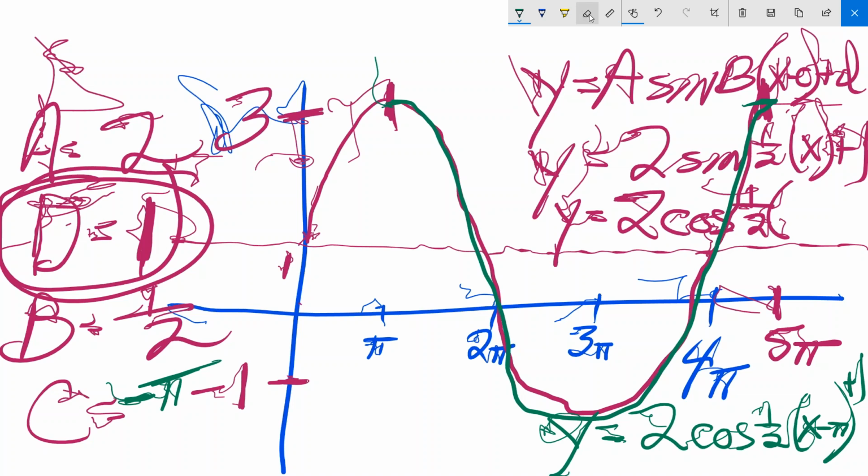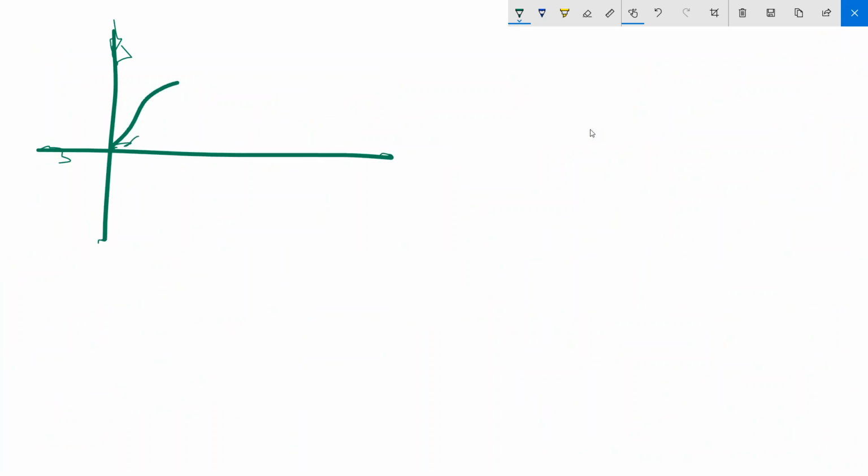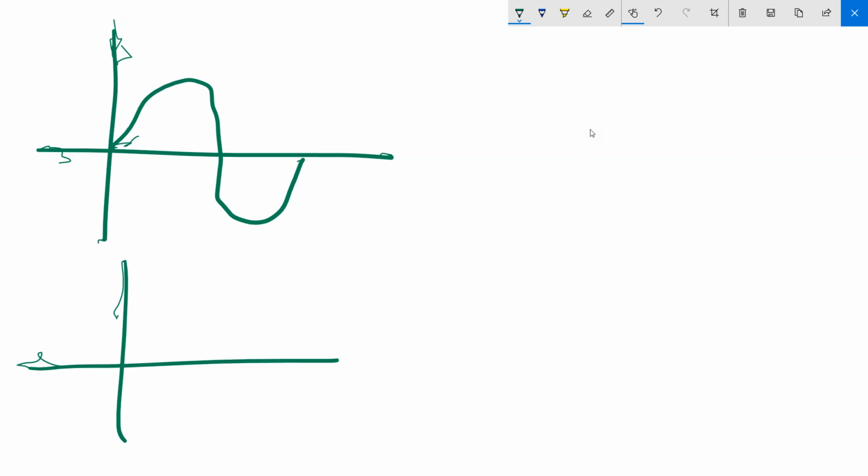And by that, I mean, this is why it's so important to memorize what your basic function looks like. Okay? There's your basic sine and cosine. Be able to draw those in your sleep.